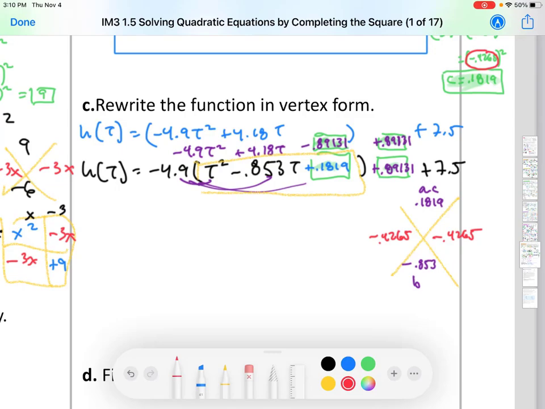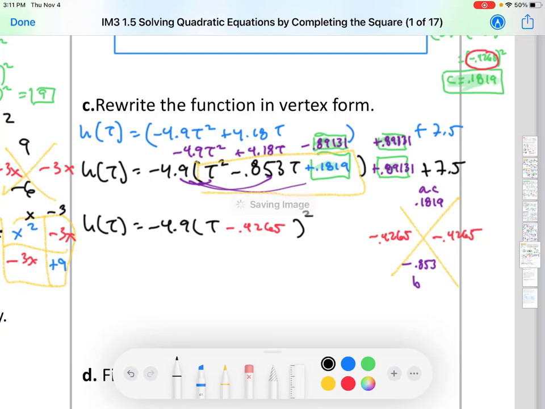Let's double check. And I get 0.1819. If I take negative 0.4265 plus negative 0.4265, I get negative 0.853. So, negative 0.4265. Now again, you can put it into the box and you'll recognize that the numbers will be the same.